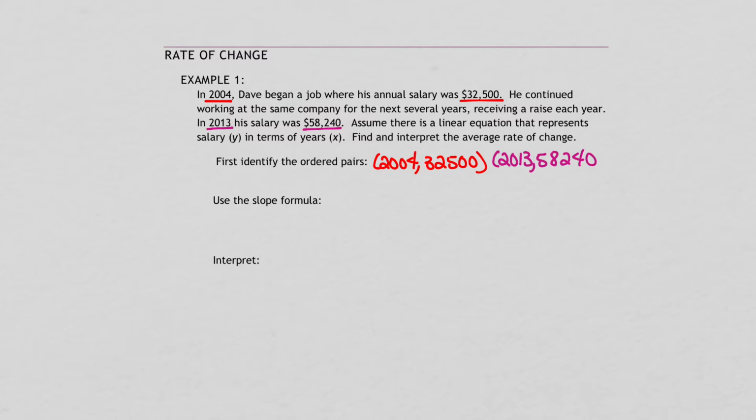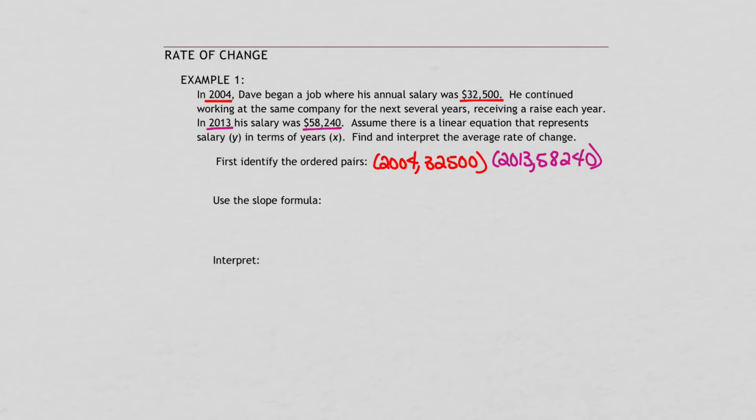Now, some problems will have you start, instead of having 2004 and 2013 as your x values, it may say let 2004 be x equals 0, okay? And then 2013 would actually end up being x equals 9. It just depends on what the particular problem asks you to do.